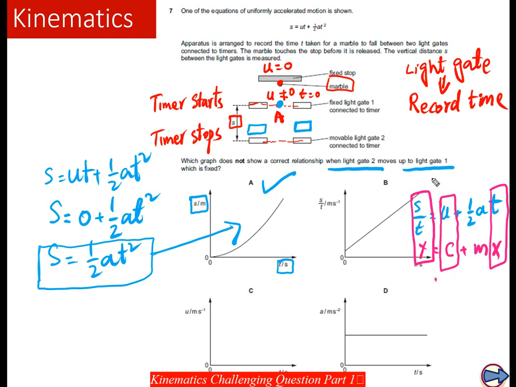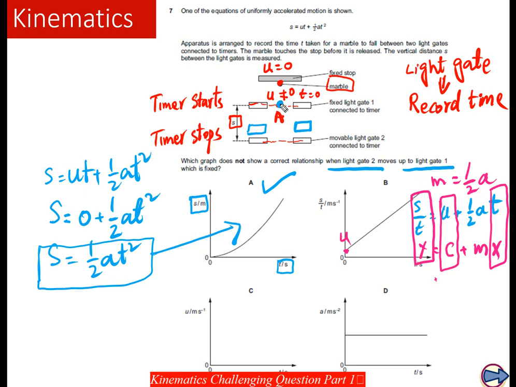In this case the slope is 1 half of a. So it will be a straight line, because this is a straight line equation, and this value is the value of u, which we can find from here. As it is in free fall, there is no resistance, so acceleration has to be constant.